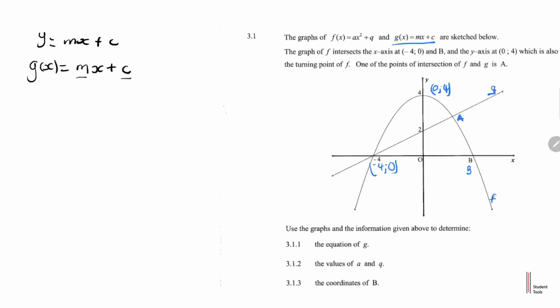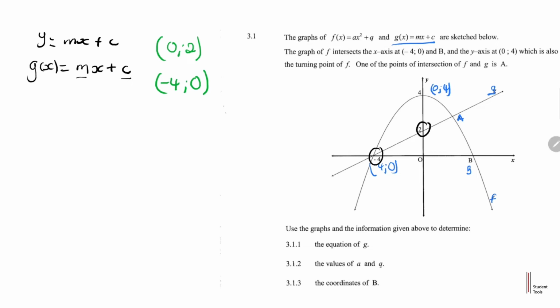To find the gradient, we need two points or coordinates that are on g. So what are those points that we can use? We have this coordinate and also this one. So we have (0, 2), which is the y-intercept, and then we have (-4, 0), which is the x-intercept of f and g.